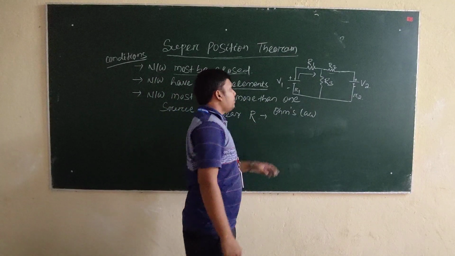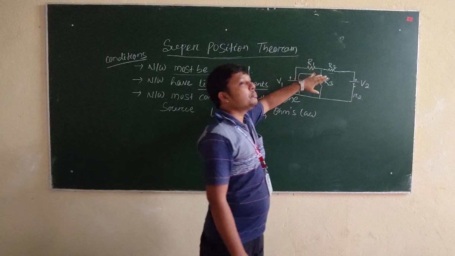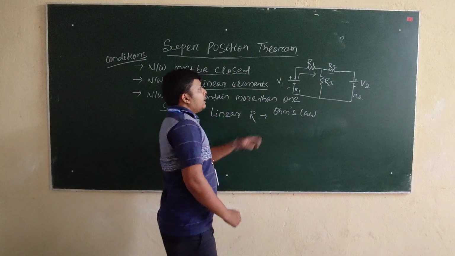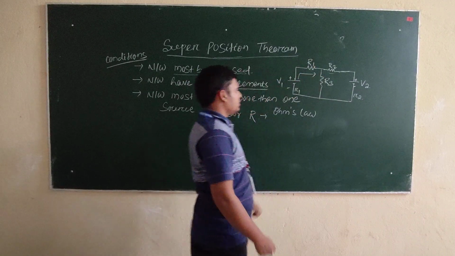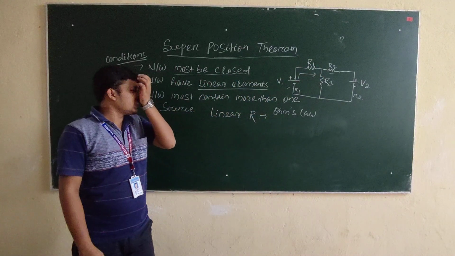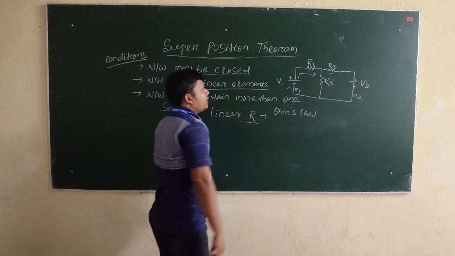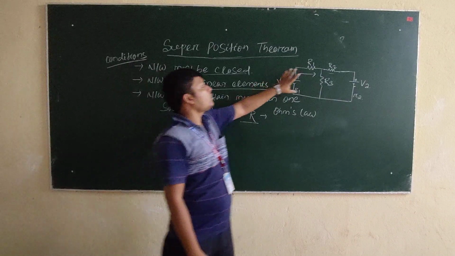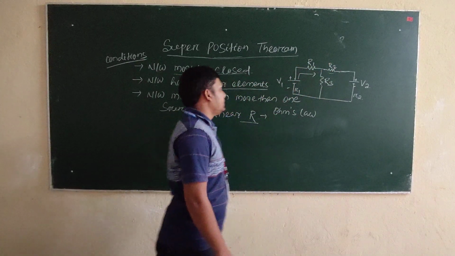That is, if we flow current through the linear resistance, then the flow of current cannot be changed due to any circumstances. That resistance is known as linear resistance. Here we have connected three linear elements, that is R1, R2 and R3.